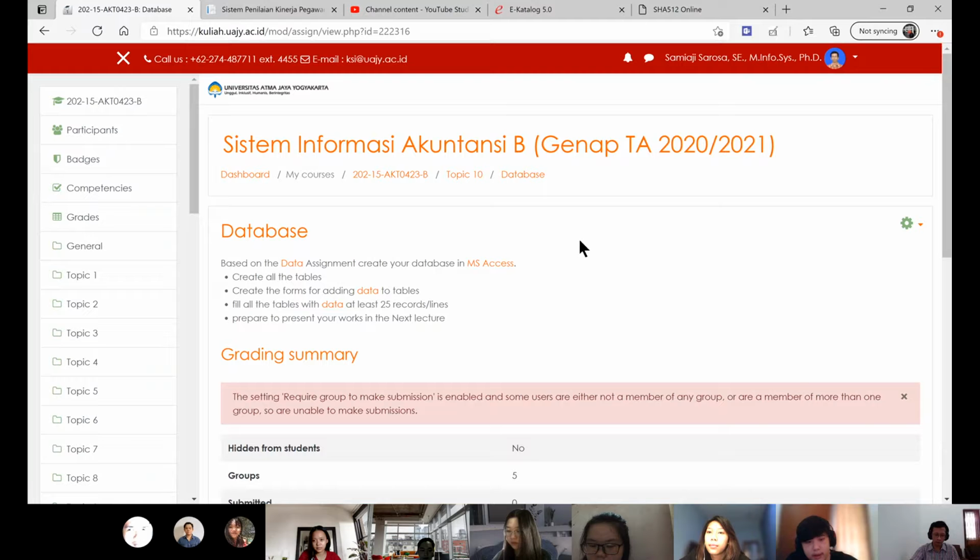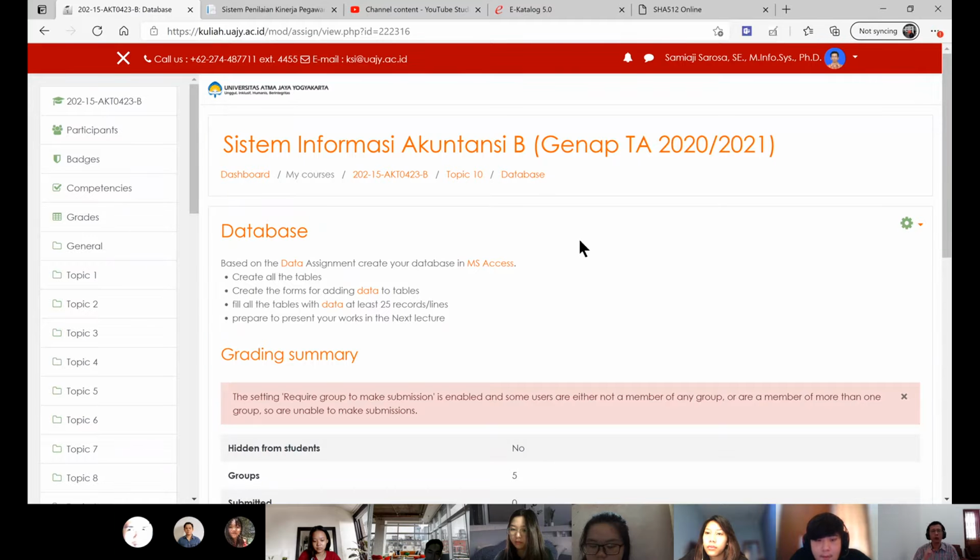I already gave you some advice, some revision, some input about your database design. The next step is you need to create the database in Microsoft Access. First, you need to create all the tables, and then create the forms for adding data into the tables.